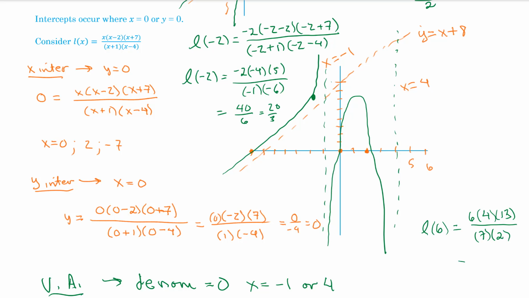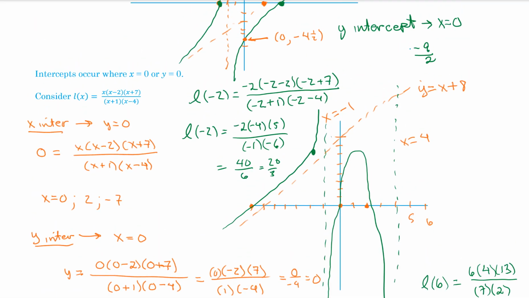So the 4 times the 13 is 52, times 6 is about 312, over 14. In other words, this y value is going to be humongous. So my y value is going to put me up in this area. So there's the third portion of this graph.